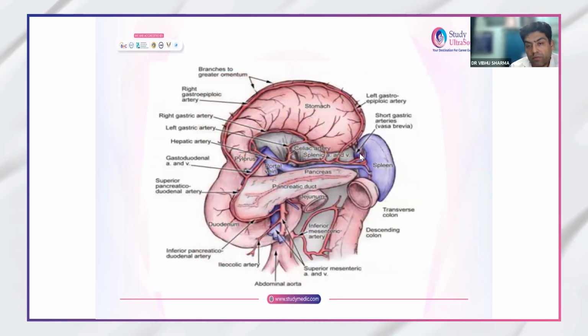The short gastric arteries arise at the splenic hilum, and this is the spleen, just above the splenic flexure, pancreatic tail. You can see the splenic artery arising from the celiac trunk.